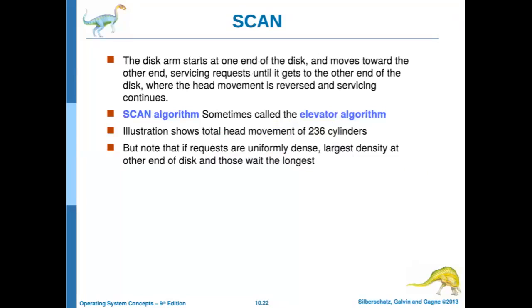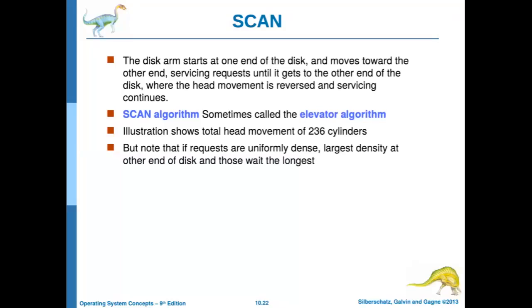Okay, so the SCAN algorithm is like the elevator algorithm, where it will start from one end and it will try to move towards the other end, and while moving it will provide service to in-between requests, and whenever the head movement is at the other end, it will simply reverse the direction.